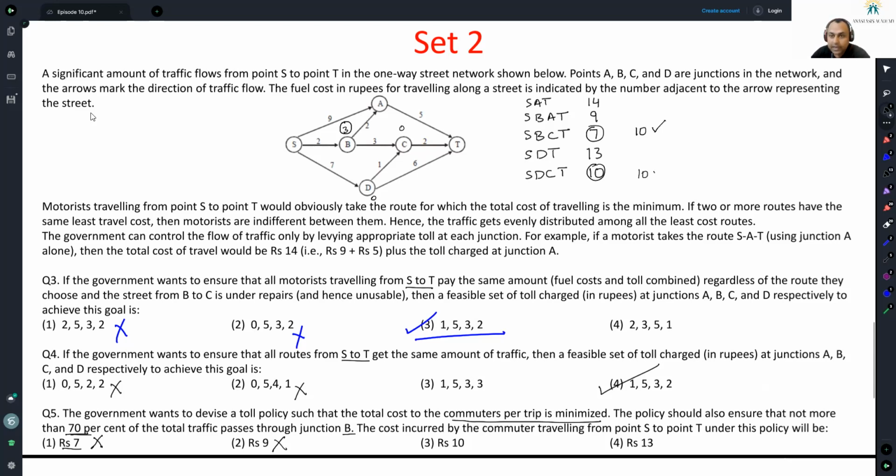So people can take the two routes and only 50% of the population will go via this route. So at the third lowest option, I am able to ensure that the traffic passing through B is lower than 70%. And therefore, this is the answer. I don't need to check any further. 10 will be the answer.